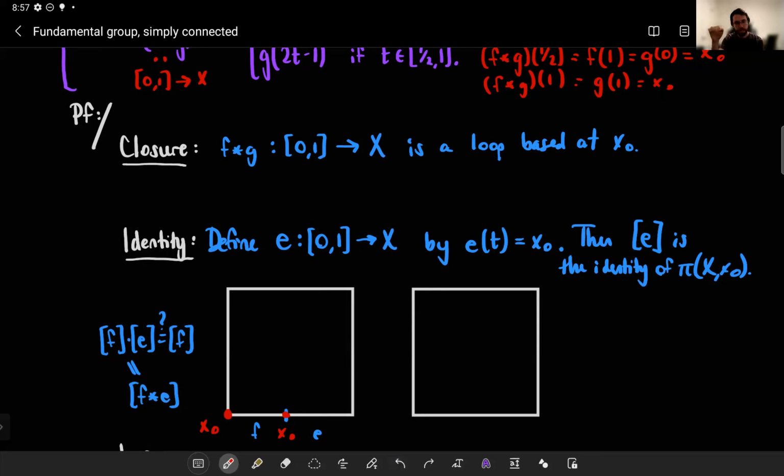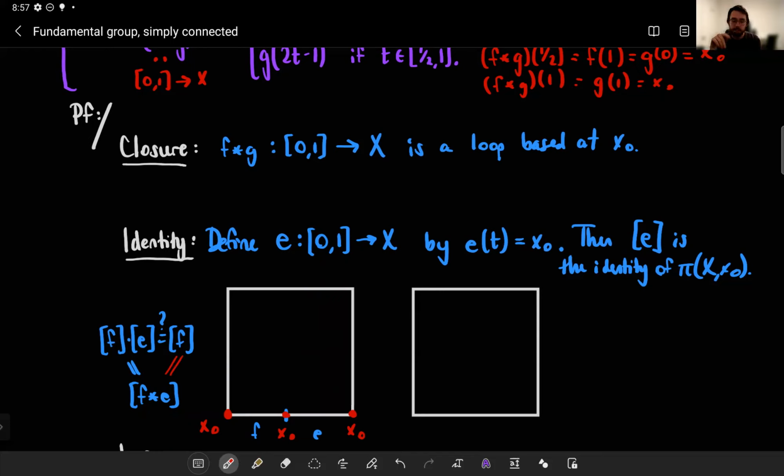A path from x0 to x0, meaning it's a loop based at x0. And then, again, starting from x0, we do the loop E, which is really the do nothing loop. It's the identity, and then eventually we get back to x0. I want to show that this is homotopic to F.